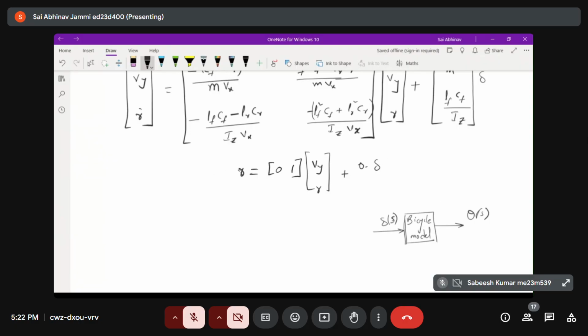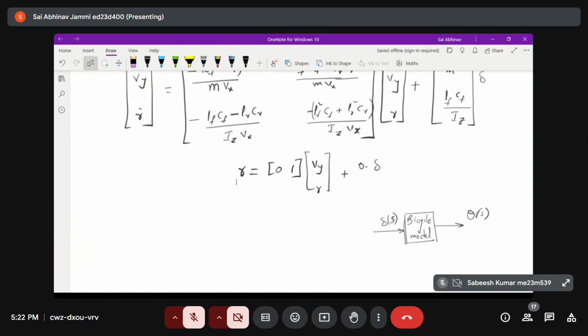So to get the value of theta, I should integrate, since physically it is integration.